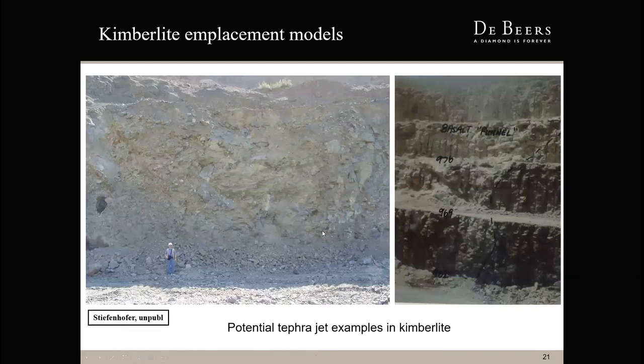Some of these features have been observed in kimberlite, and there are potential examples here. This particular photo on the left was taken in Orapa in the North Pipe. There you can see the contact of one of these vents, running down on the left-hand side is one edge, and the other contact is on the right-hand side, with an adult for scale in front. You can see it's quite a few meters across, very poorly sorted, with large boulders inside it.